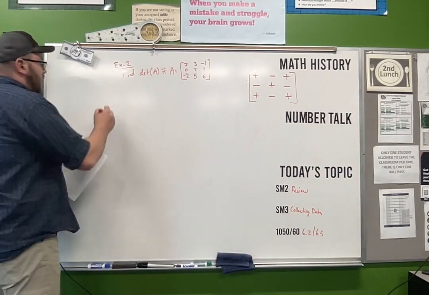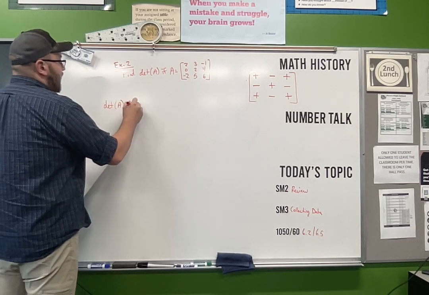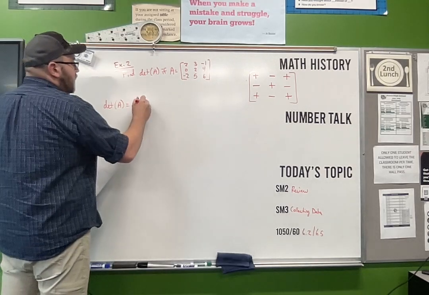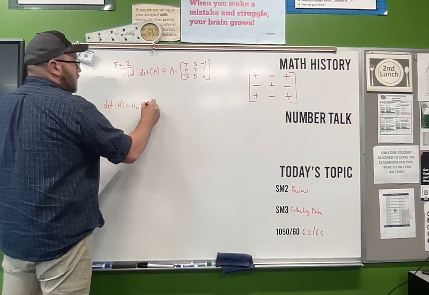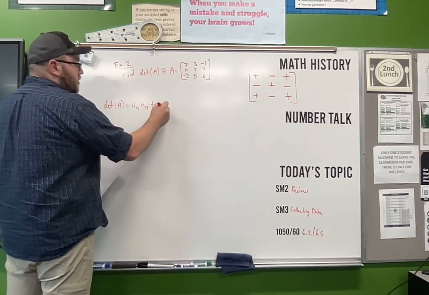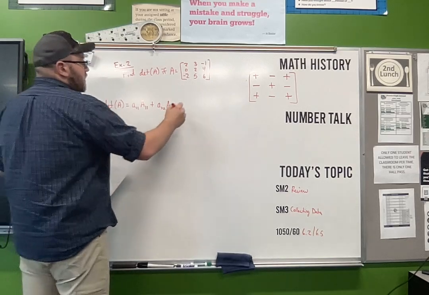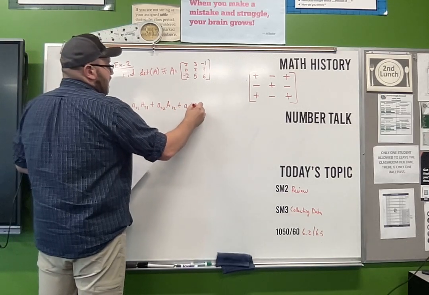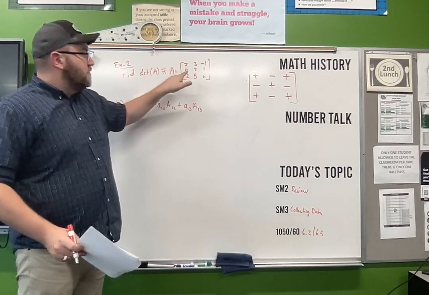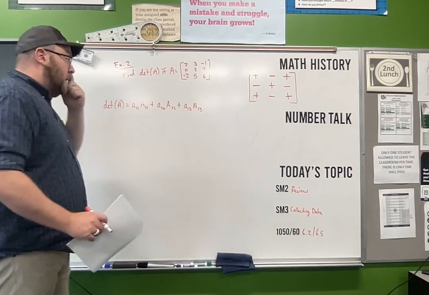So remember, the determinant of A equals entry 1,1, so little a 1,1, times cofactor 1,1, plus entry 1,2, little a 1,2, times cofactor 1,2, plus entry 1,3, times cofactor 1,3. Now I only have to go to here because there's only three elements in row 1.